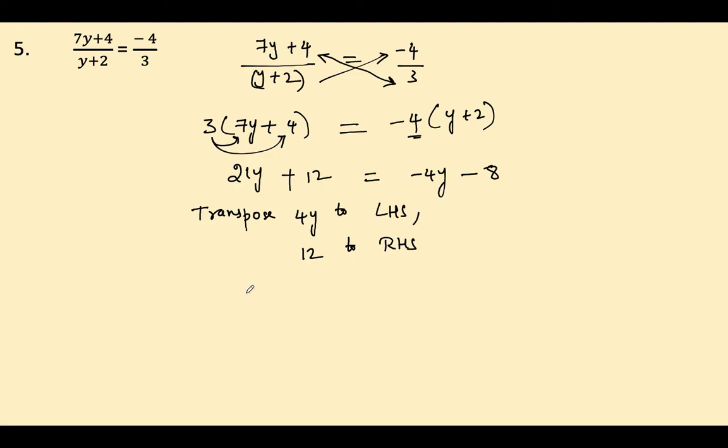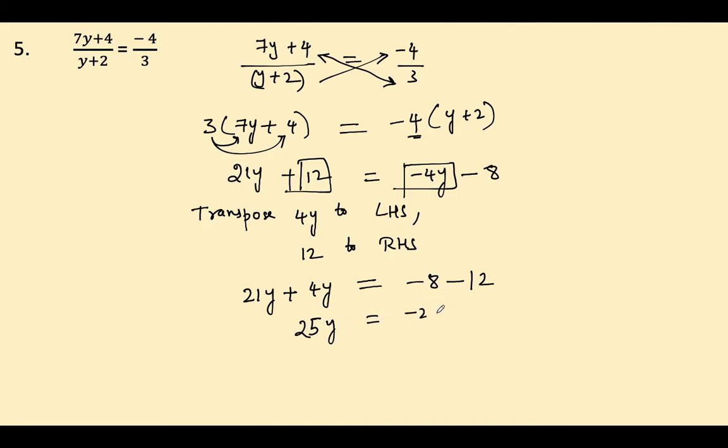So what do you get? You have 21y here. When I transpose this -4y to the left hand side, it changes its sign to positive 4y, equal to -8 here. When we transpose this 12 to the right hand side, its sign changes, so it should be -12. 21y + 4y is 25y equal to -8 - 12 is -20.